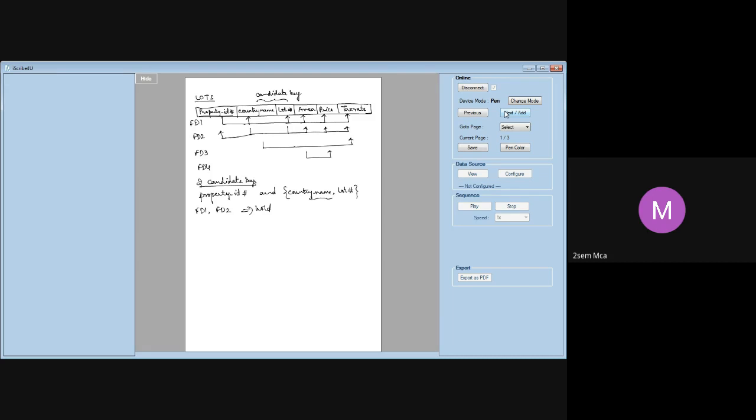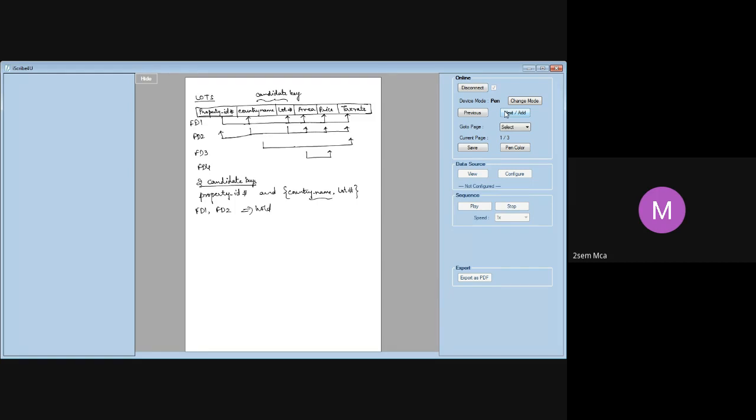I will take only these two for now. FD2. Does FD2 satisfy second normal form? Yes, because given just the country name or only the lot number, you will not be able to identify the property ID. So it is a full functional dependency, FD2. That means it is not a partial dependency.